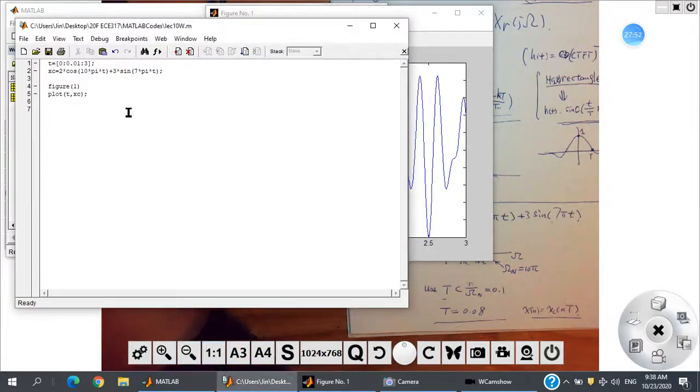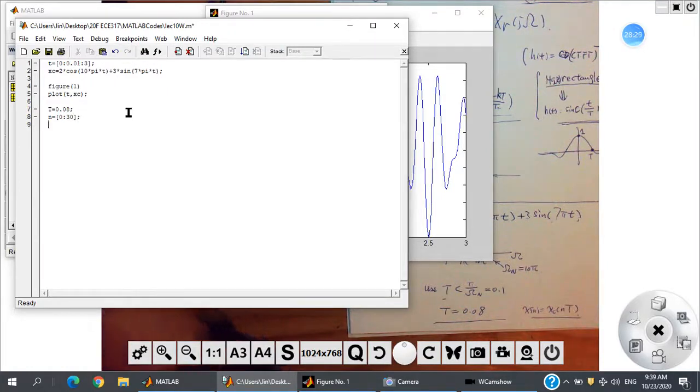Then we take samples. I use capital T equal to 0.08. And then I choose how many samples, running from 0 to how many samples do you want? Like I choose 50 samples. 50 samples times 0.08 gives 4. Not too much. Maybe 30 samples. Okay, 30 samples.